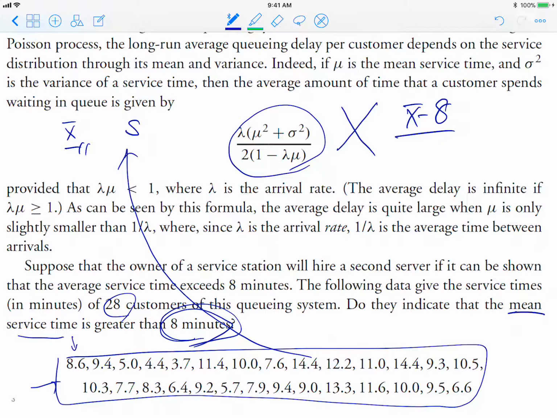We compute this s instead of sigma, but what was the denominator here? Should it be 28 or 27 or what?